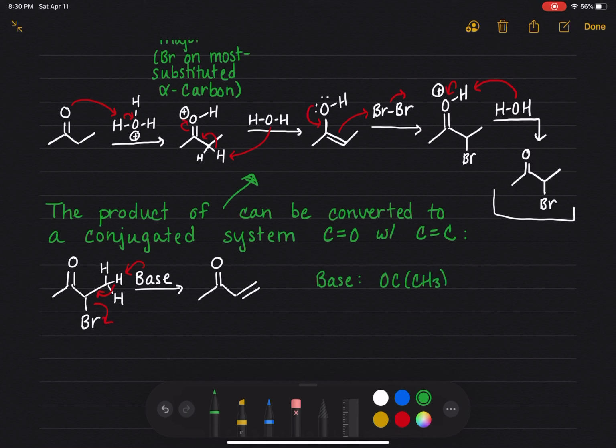It's a great base for doing a reaction like this because we don't have to worry about it trying to do anything else. We can also accomplish this with lithium carbonate, Li2CO3. So this is a weak base, which means it's not going to try to do anything else. And also pyridine, which is a very weak base. So any one of those three you would see as being used to convert this to the alkene.